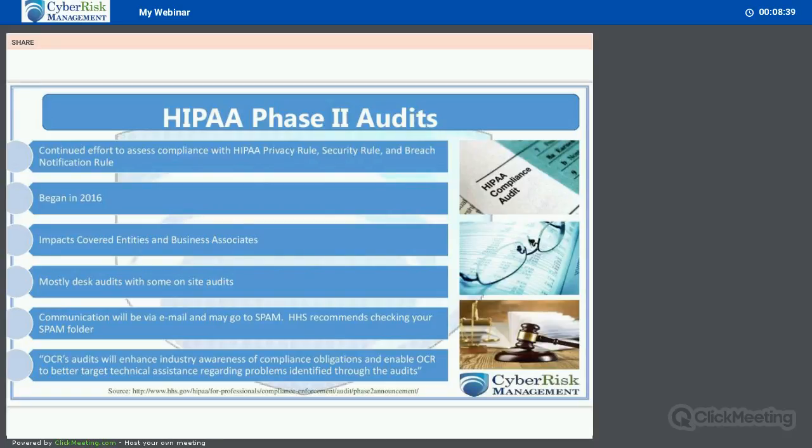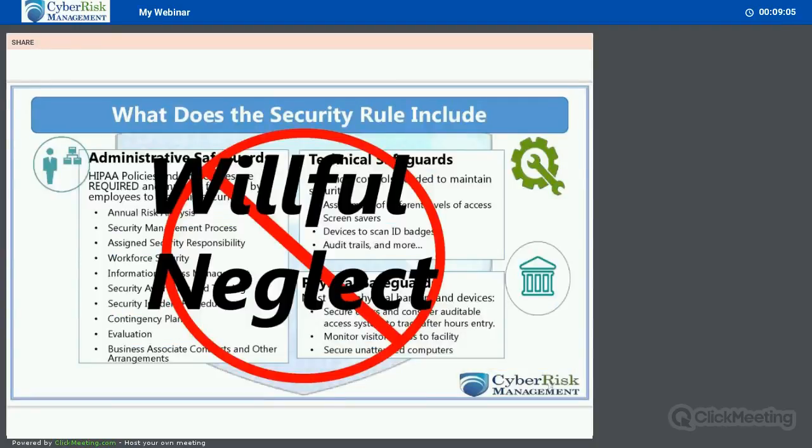So OCR will enhance industry awareness of compliance obligations and enable OCR to better target technical assistance regarding problems identified through these audits. One last thing about the audit program is a database of business associates is being created. So all the business associates that you do business with should be included in that, and they are also eligible for audits.